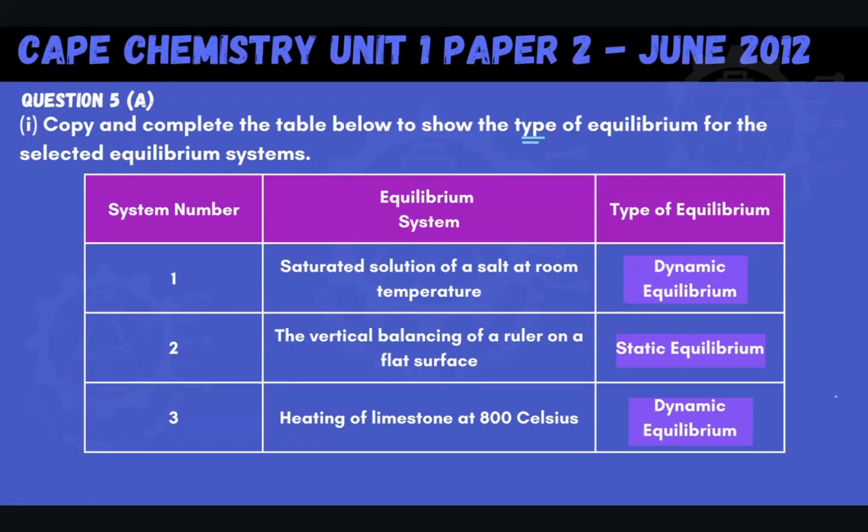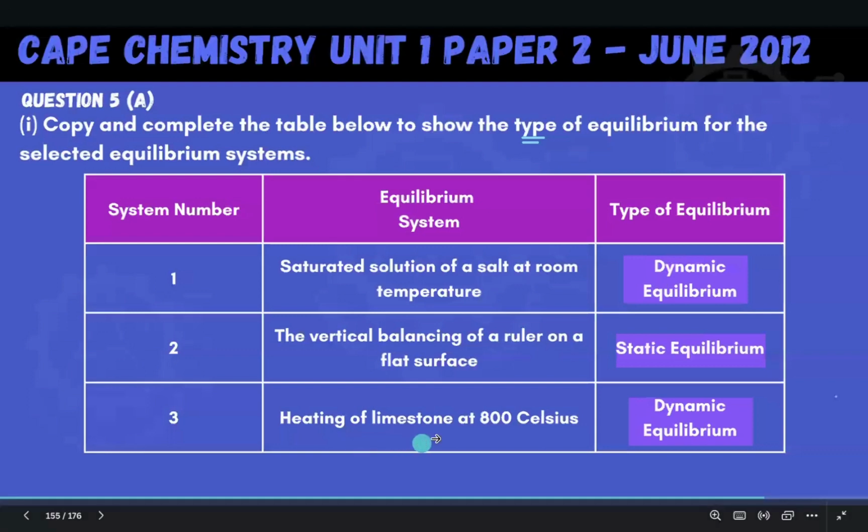So it's a dynamic equilibrium that's set up. And in this case, you have vertical balancing of a ruler on a flat surface. So when the ruler is balanced, it's just completely static. It's at a standstill. There's nothing going on microscopically. It's just at a standstill. So that's a static equilibrium.